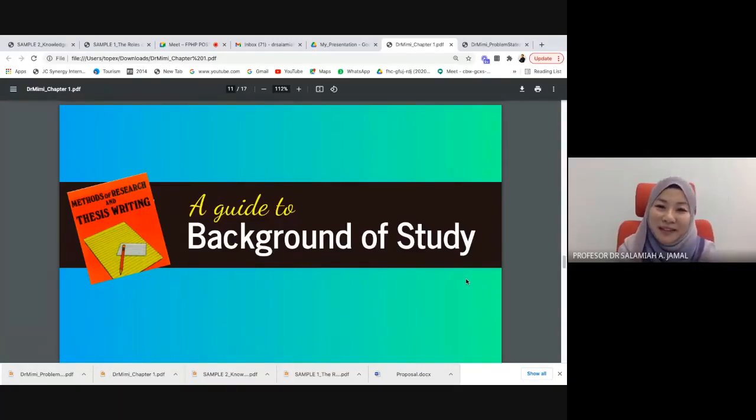The second part of the sharing is a guide to background of study. Just now everybody already knows that in chapter 1 we have those 7 basic subsections, and the first subsection is background of study.